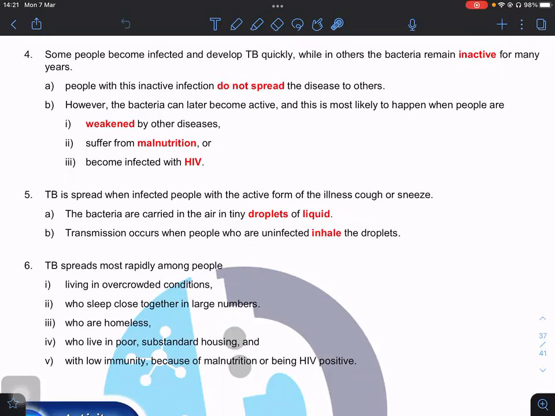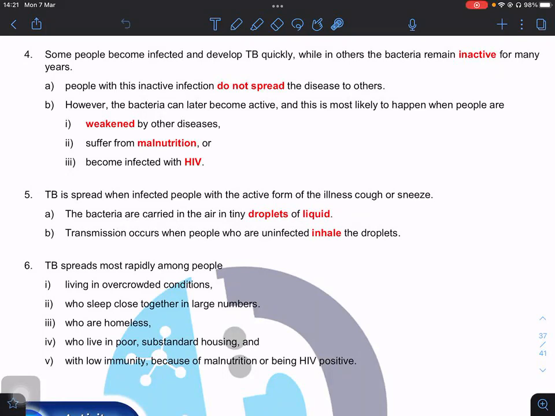Are you clear? However, the bacteria can later become active, most likely in people with a weakened immune system, who suffer from malnutrition, or become infected with HIV. It means that generally our immune system somehow suppresses it so that it won't become active.